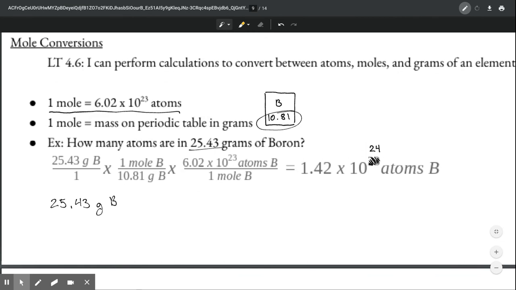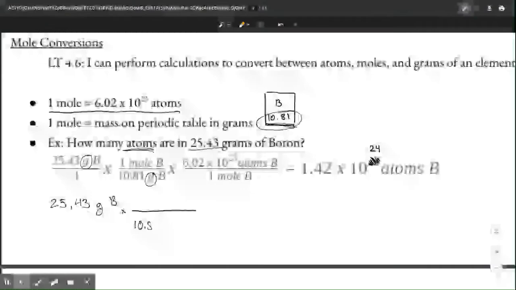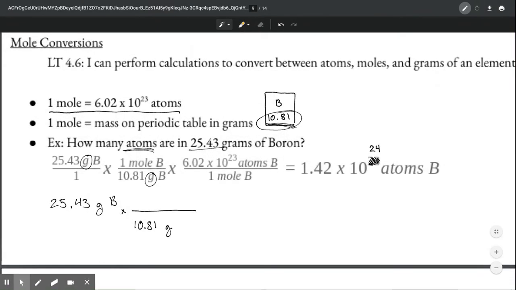And so then we have to match grams to grams if we're going to be going all the way to atoms. So in order to convert to moles, we have to look at the amount of grams that are in that mole, which we see here again are 10.81 grams of boron for each mole of boron.